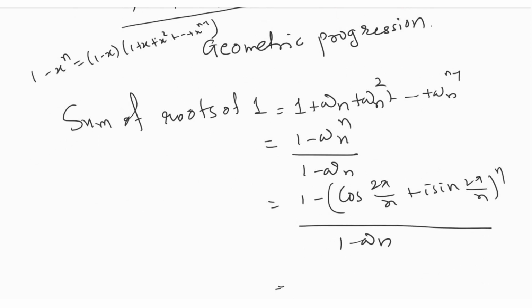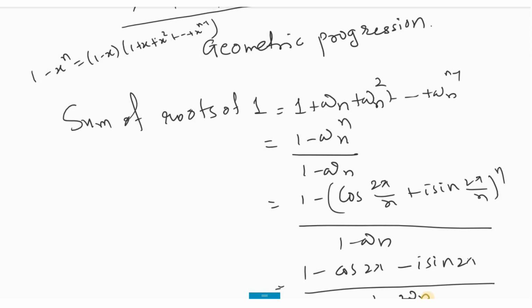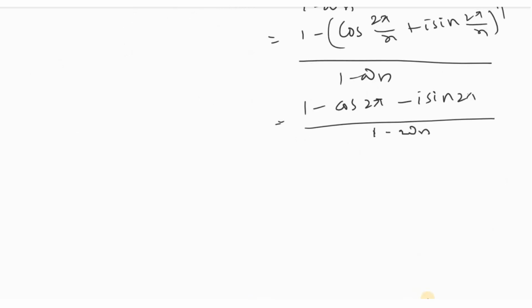But what will this be? N will go inside. So this is 1 minus cos 2 pi minus i sine 2 pi, and 1 minus omega n is as it is. So cos 2 pi will give you 1 and sine 2 pi will give you 0. So that's why it is 1 minus 1 upon 1 minus omega n. So that will give you 0.